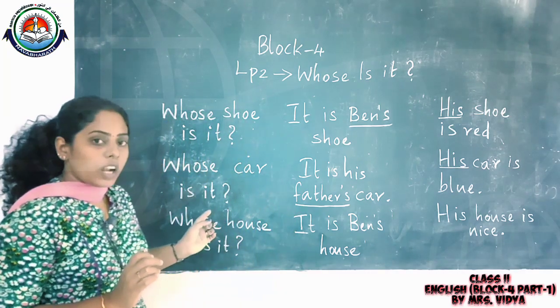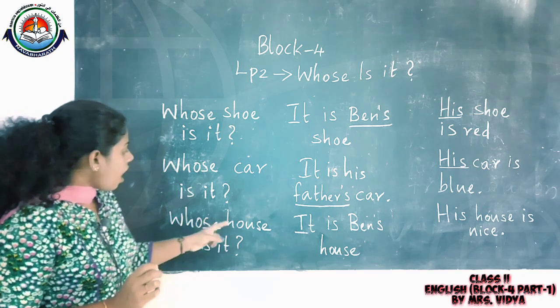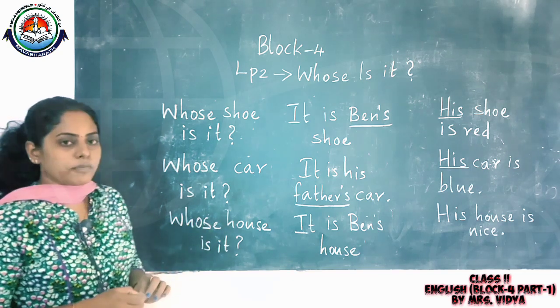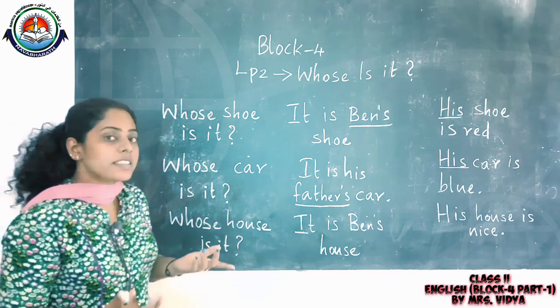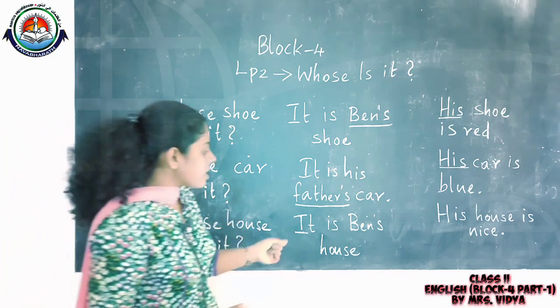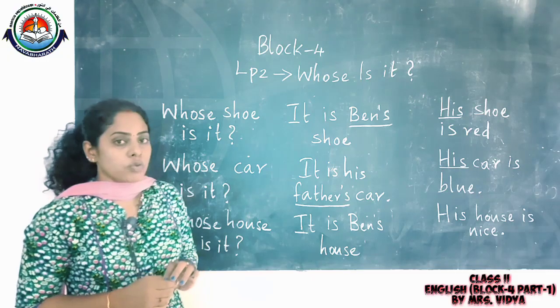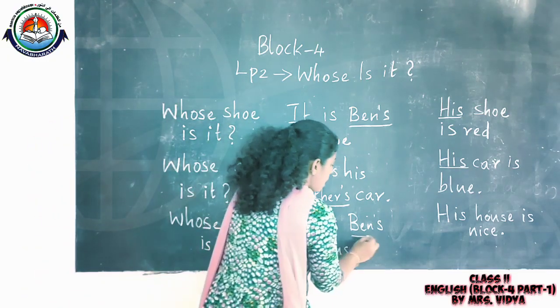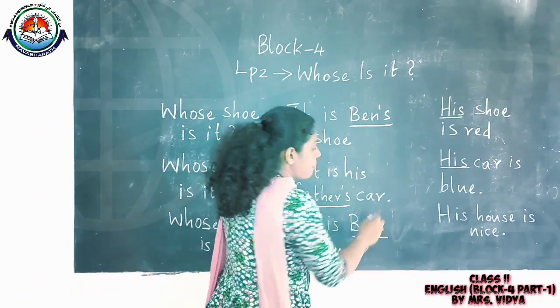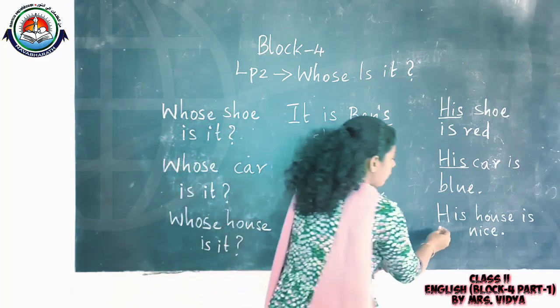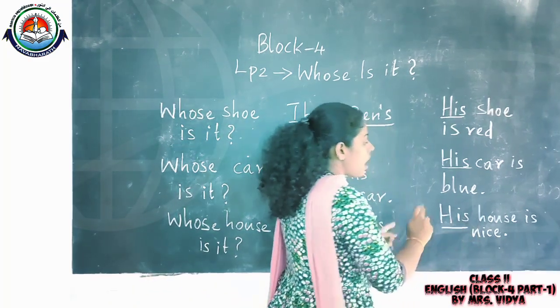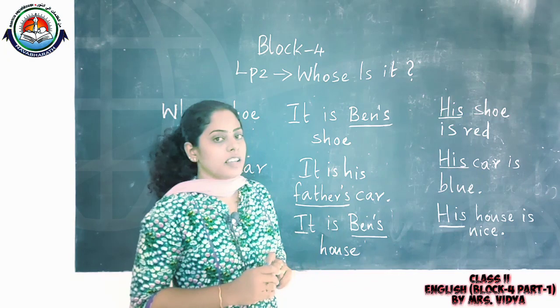Look at the third one. Whose house is it? It is Ben's house. So it is Ben's house. Instead of Ben, here we have used his. His house is nice.